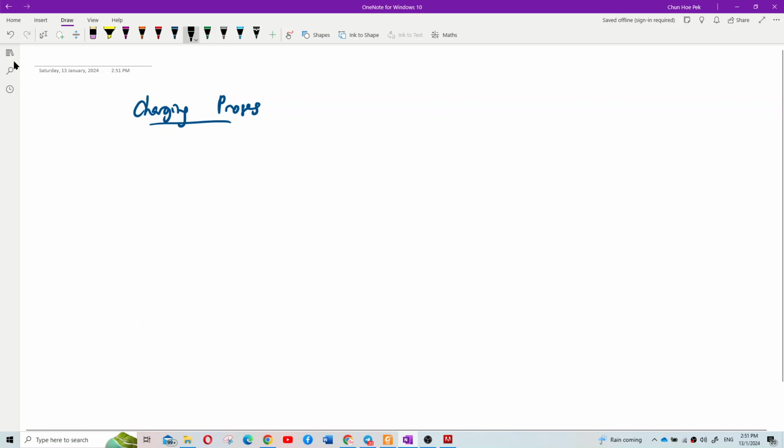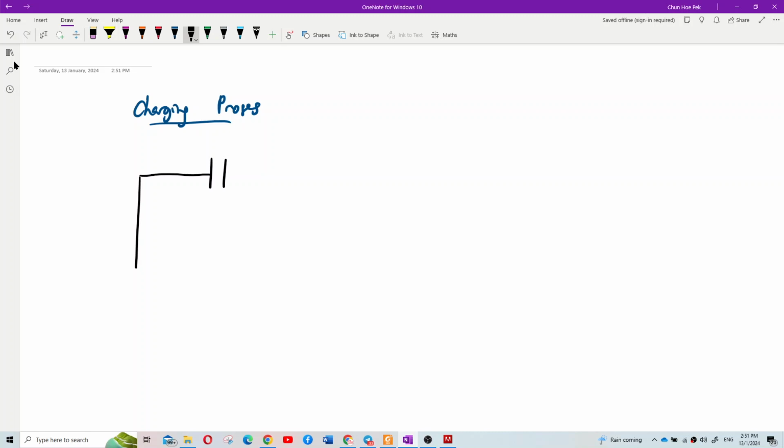Now, you are given a capacitor connected to a battery and also passing through a resistor.